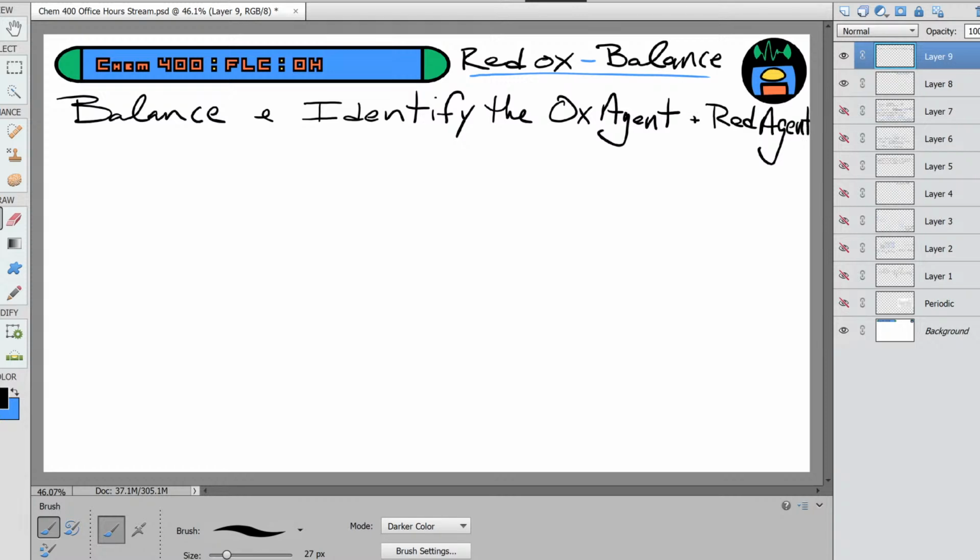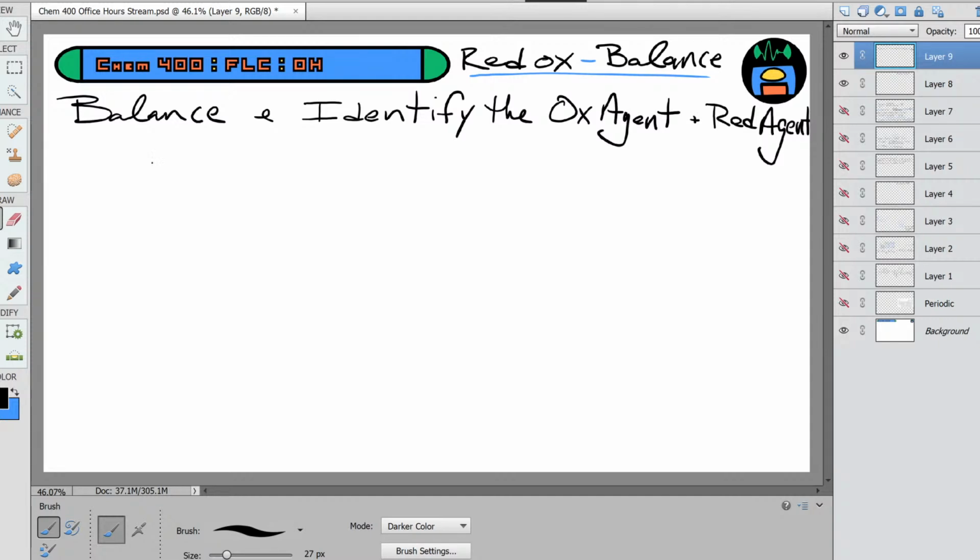All right, so here's the thing. On the exam, I'm not going to be able to lump all of these into one problem, so they're going to be separate problems. One problem might ask you to balance it. Another problem might ask you to identify the oxidizing agent. Another problem might ask you to identify the reducing agent. So these are all going to be chopped up into chunks, but this one big problem hits everything, or maybe not everything you'll see on the exam, but all of this is exam caliber.